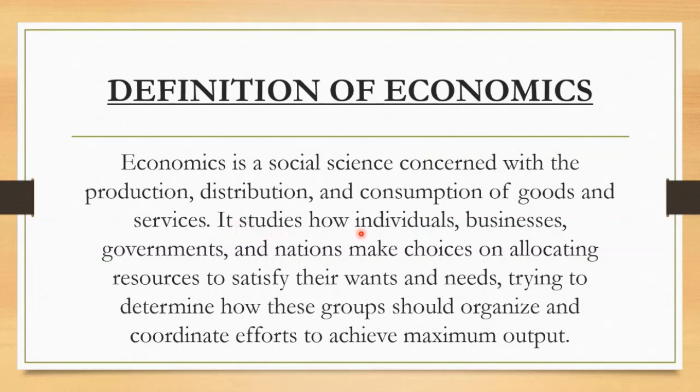It studies how individuals, businesses, governments, and nations make choices on allocating resources to satisfy their wants and needs, trying to determine how these groups should organize and coordinate efforts to achieve maximum output.